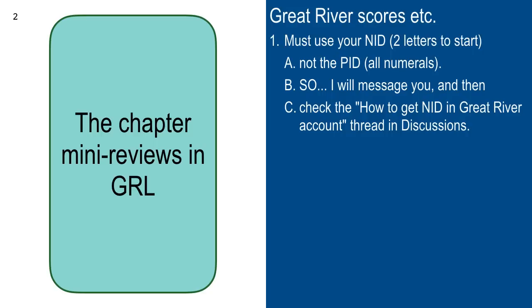When you see it in WebCourses for the Chapter 2 mini review, it's going to be a number between 0 and 14. It's basically the number that you have in Great River divided by 100 and multiplied by 14, and then rounded off to the nearest whole number. So that's what you'll see.